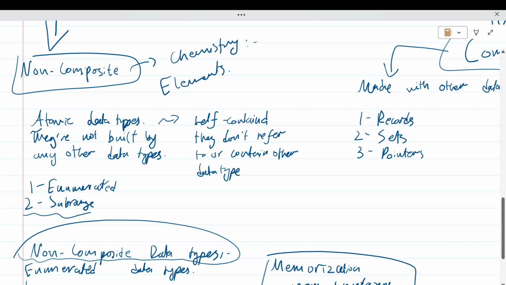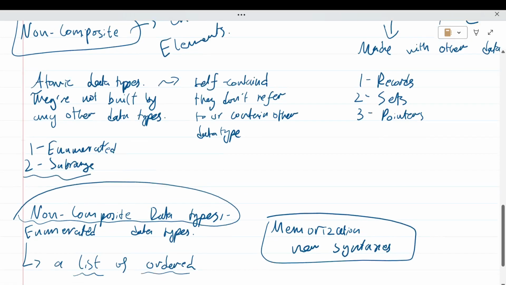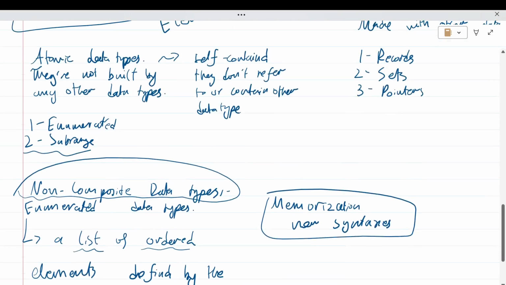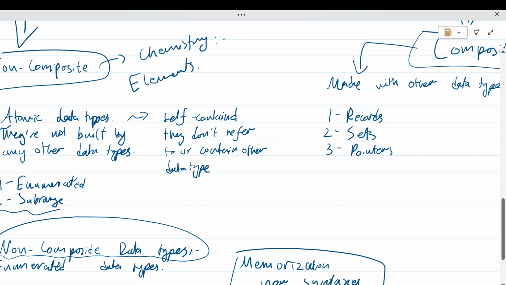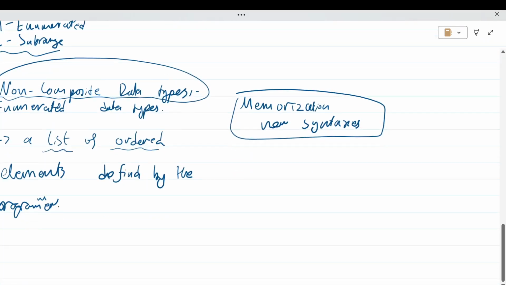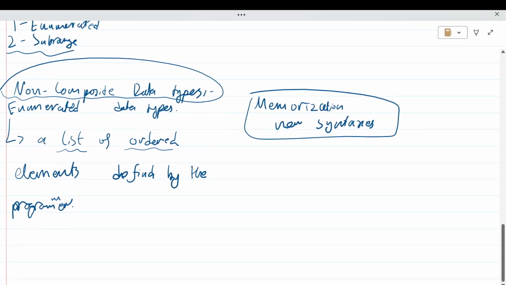This is just the more suitable, appropriate wording for the definition, right? And yes, we're going to learn about this for the composite as well. It's just the same thing. These are not self-contained, and they do refer to and contain other data types. It's just the opposite of composite.